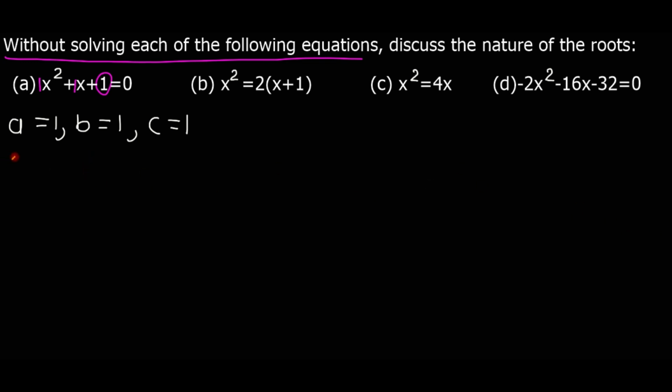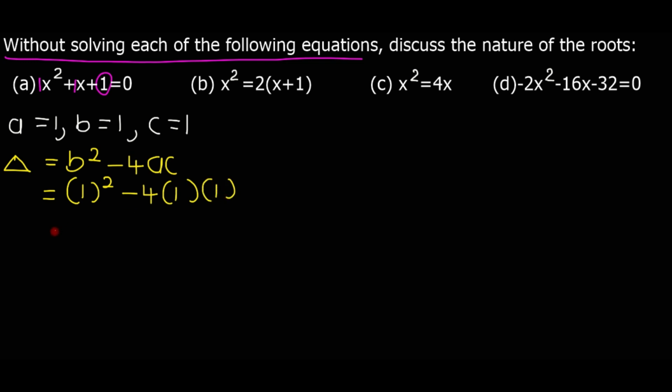The discriminant is B squared minus 4AC, and then from there we substitute. So our B is 1, and our A is also 1, and our C is also 1. So this is 1, and then minus 4, and then it's negative 3.